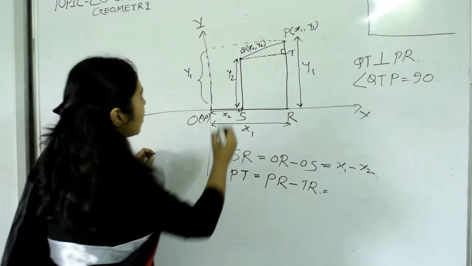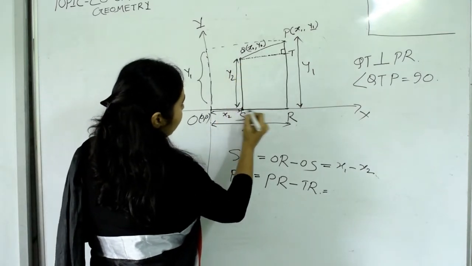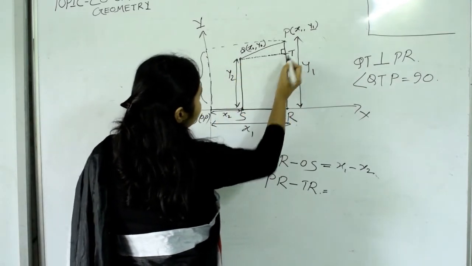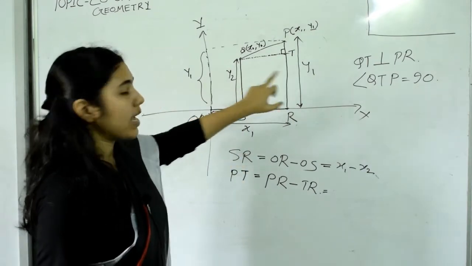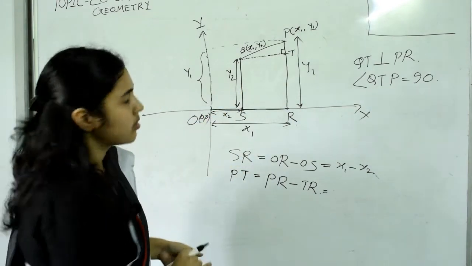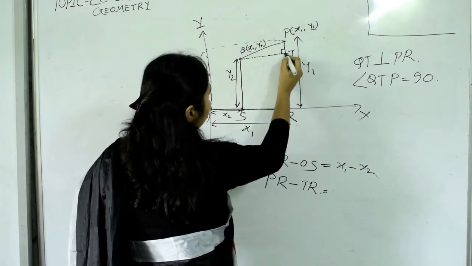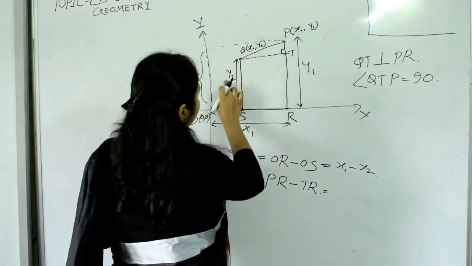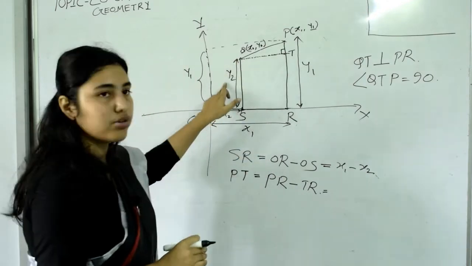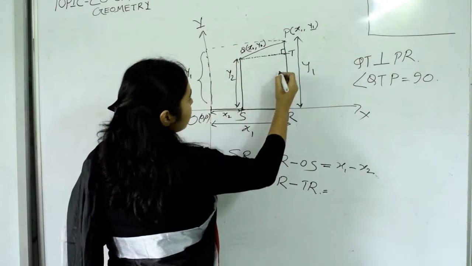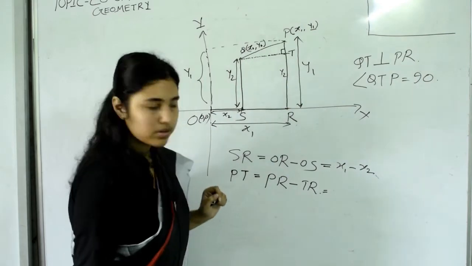Why? Consider this rectangle QSRT. Opposite sides are equal, right? That's why QS is equal to TR. So if QS is y2, then TR is also y2, right?